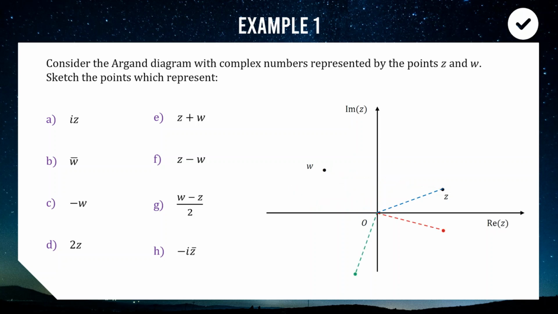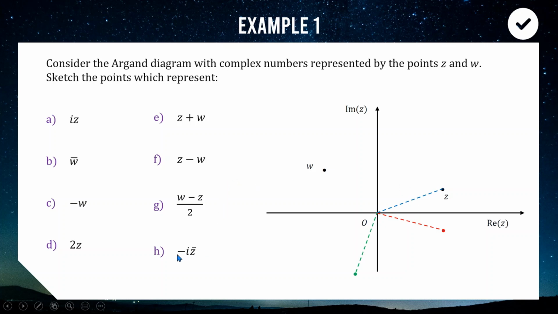Okay, for our last one, we have a couple of transformations to make. So we're doing z conjugate, and then we are multiplying it by minus i. Okay, so first things first, we'll take z and we'll do the conjugate, which reflects across the real axis. So this here is z, this red dot will be z conjugate. Now, multiplying by i rotates us 90 degrees anti-clockwise, like we saw before.